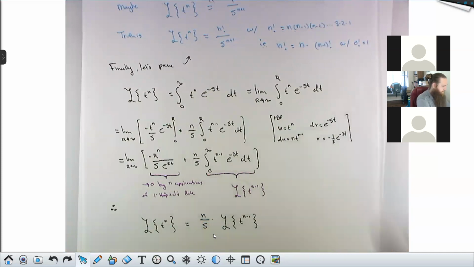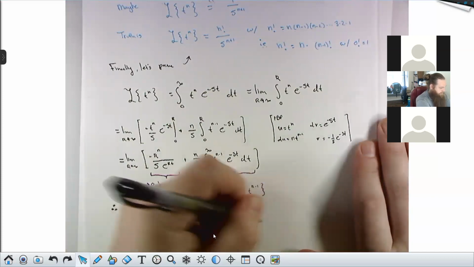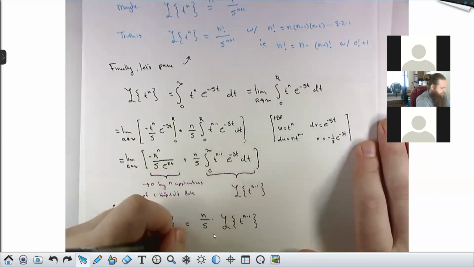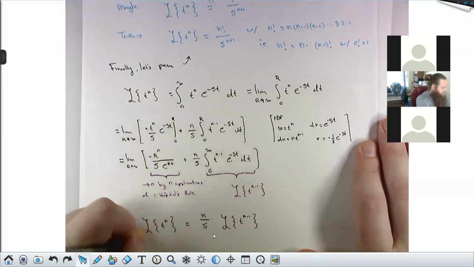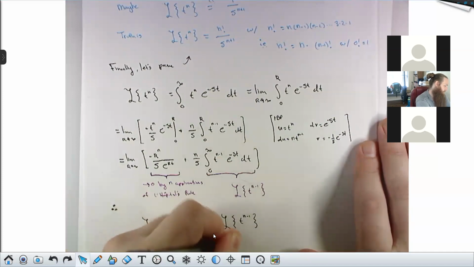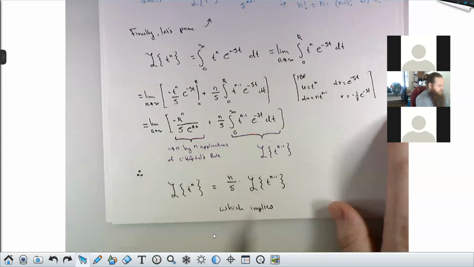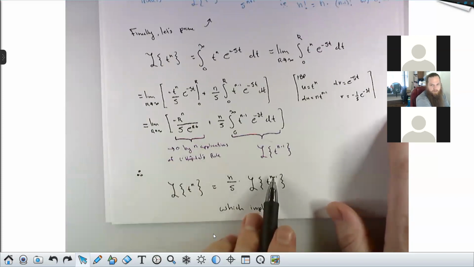So this implies, if I want to knock this power down again, the n minus 1, that exponent is going to pop out here and another copy of s downstairs.